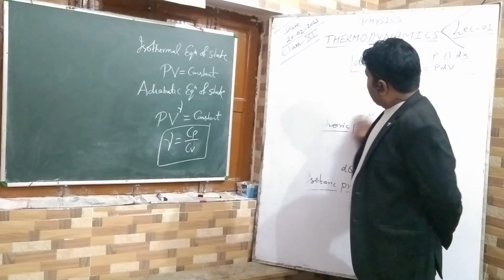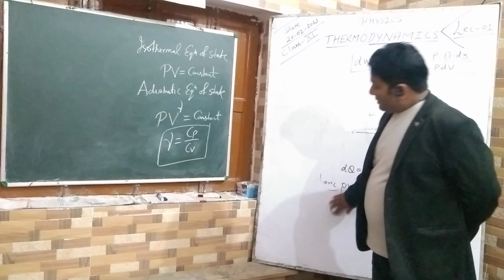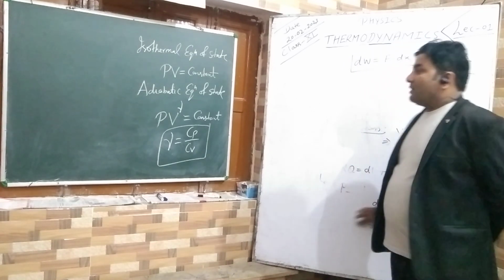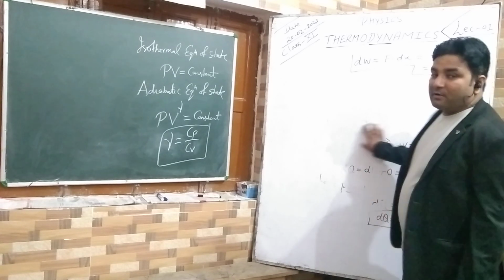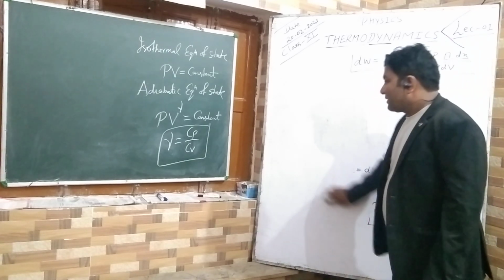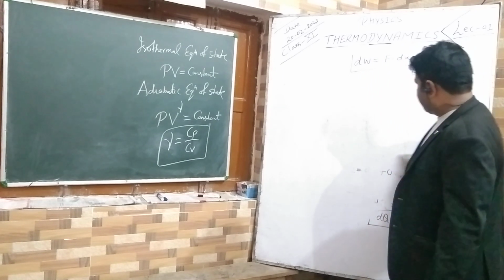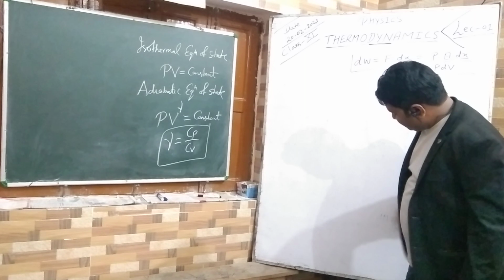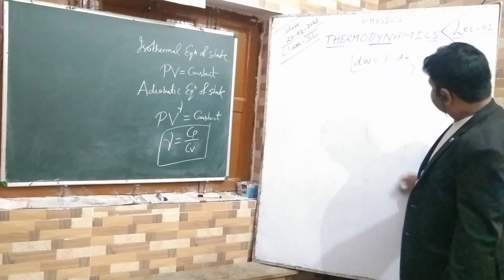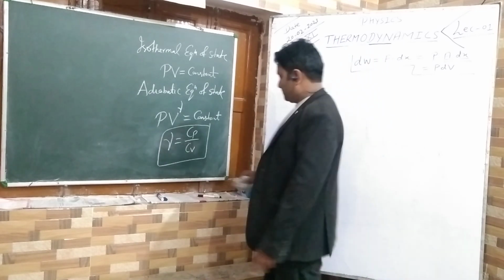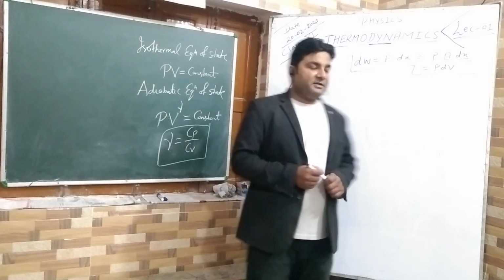Suppose the equation of state for adiabatic in terms of pressure and temperature, then how do you correlate? Let's see, the pressure and temperature concept.